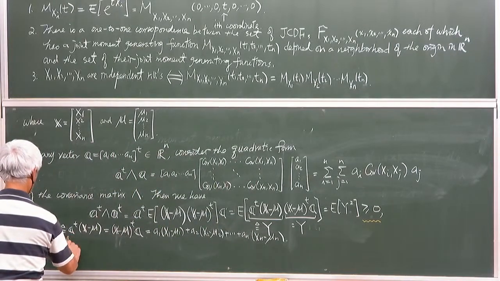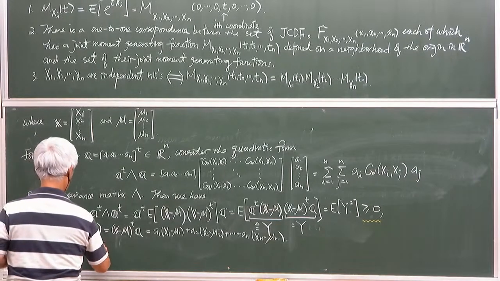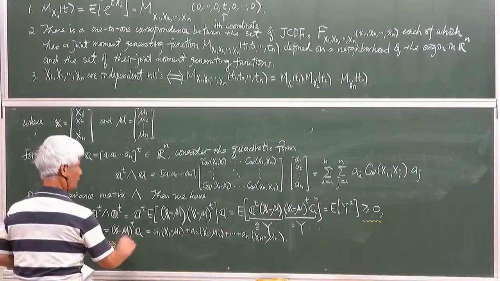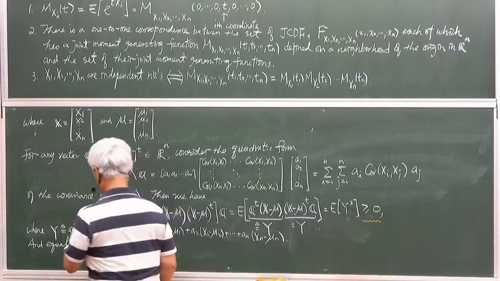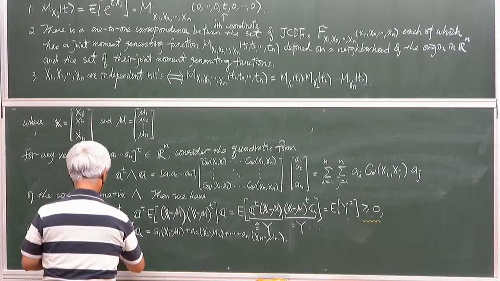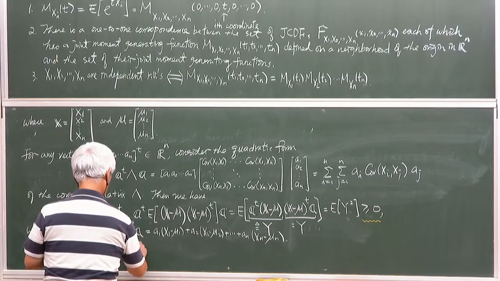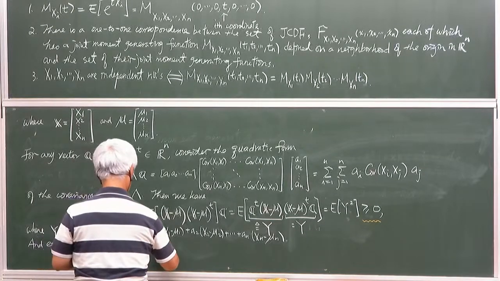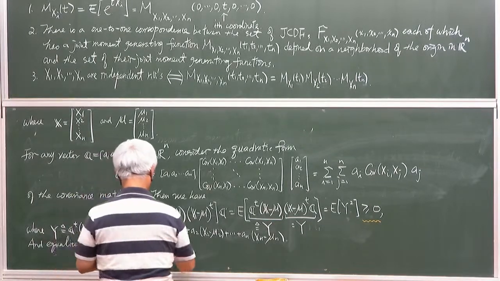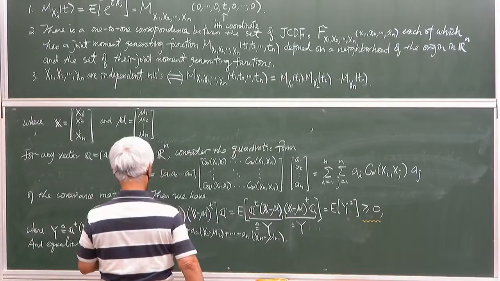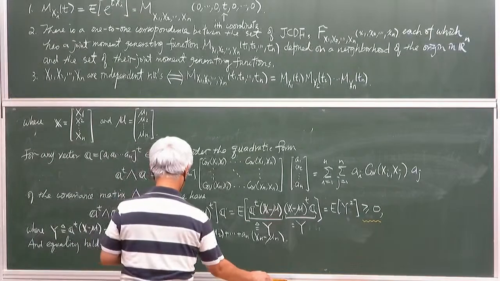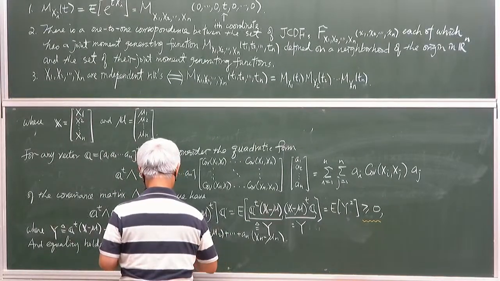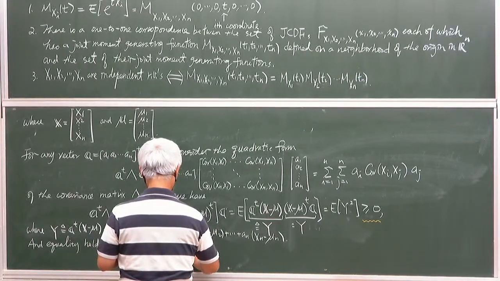Now, equality holds if and only if. So this second moment is equal to 0 if and only if Y, which is a transpose (X minus mu), must be equal to 0, oh sorry, with probability 1.